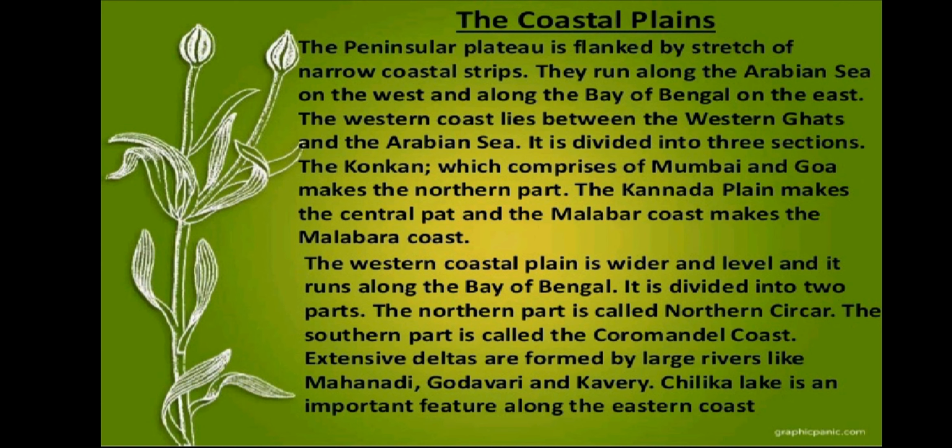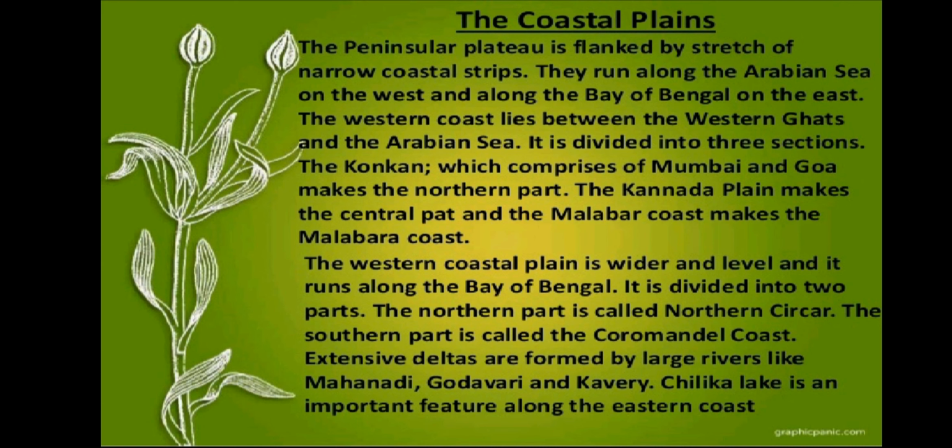In the south, in Kerala, we call it the Malabar coast, and the plain between Malabar and Konkan is called Kannad. Malabar in Kerala, Konkan in Mumbai and Goa, and between that is called the Kannad plain.